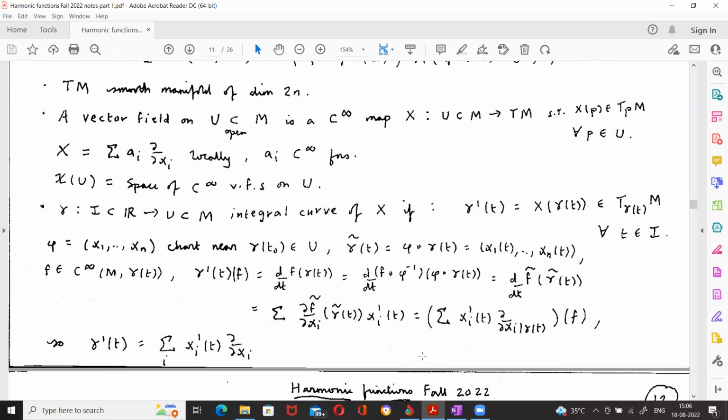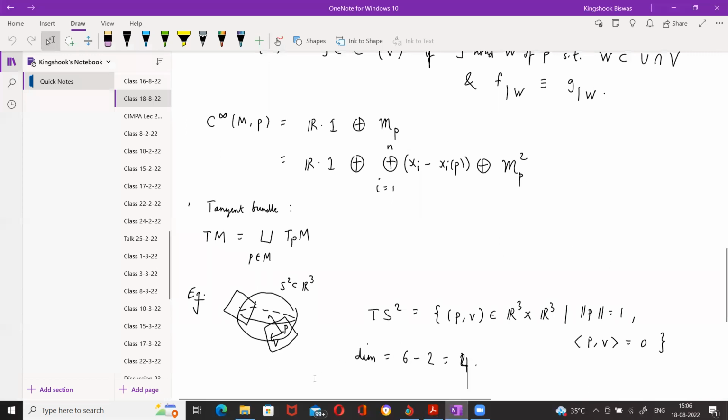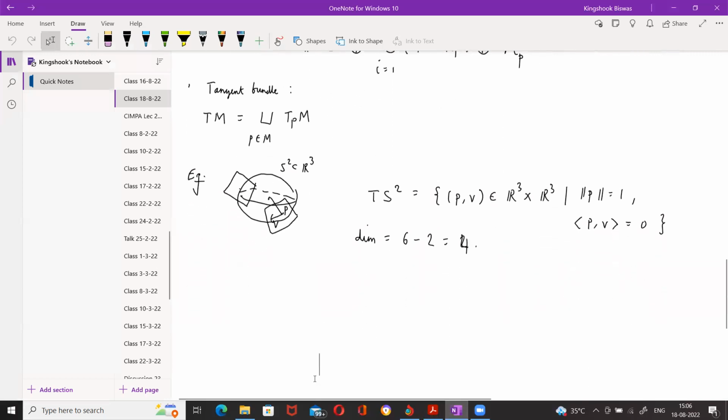Okay. So again, the picture is very simple. A vector field means I have my manifold, and at each point I choose a tangent vector in the tangent space at that point.